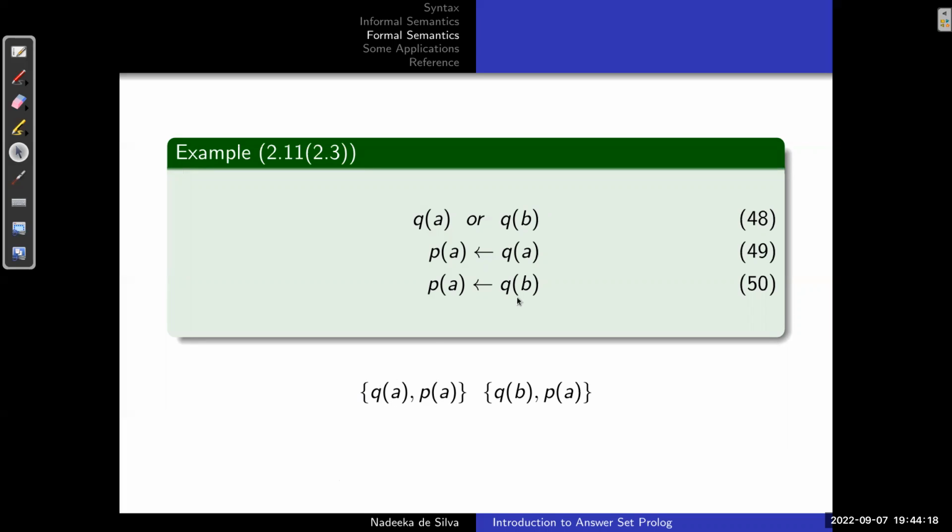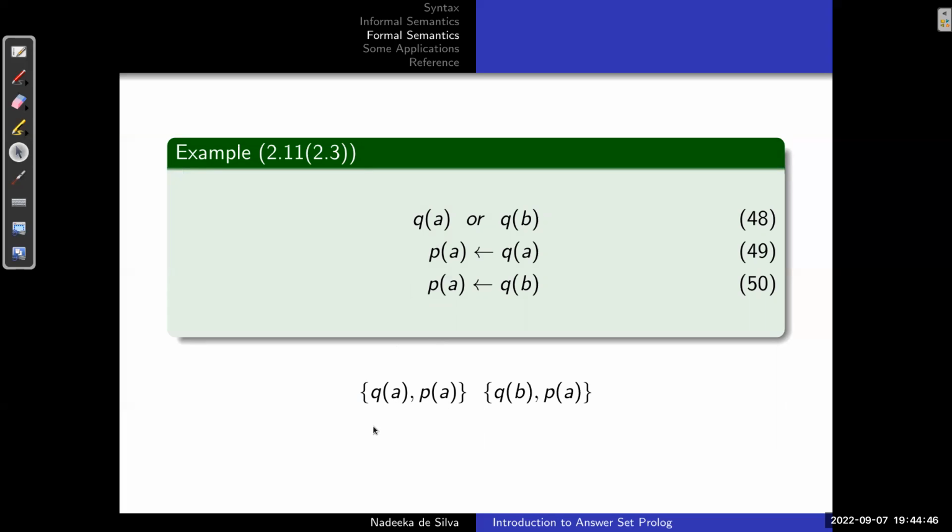Because it satisfies rule 50 trivially since the body is not there, and then 49 because it contains the head, and 48 because it contains one of them. Now, if I remove any of these literals from these sets, then they are not going to satisfy this program. So because of that, these are the minimal answer sets satisfying the program.